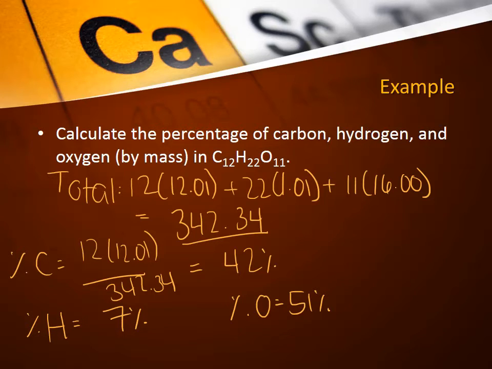Now I did round these just because it was a little bit easier to write. You don't normally have to. Commonly I actually keep this to be like 42 point something with 1 decimal point. It's up to you. But the fact that we have 42%, 7, and 51 would be our final answer.